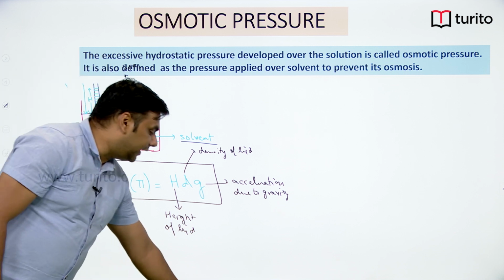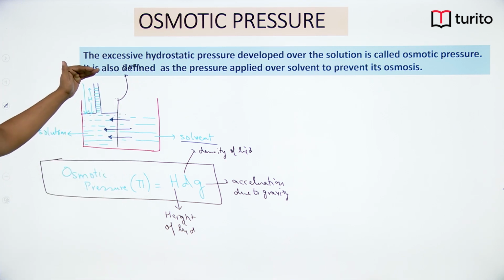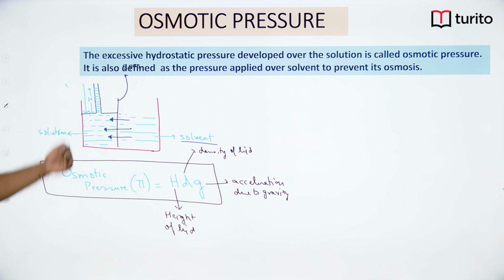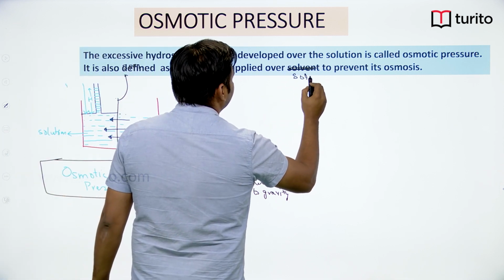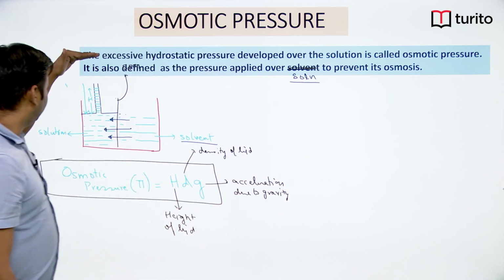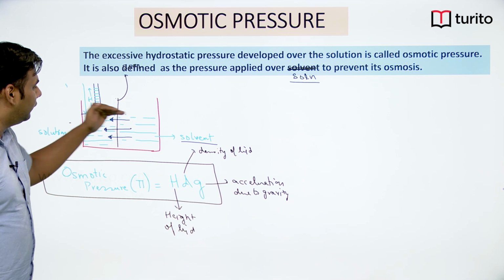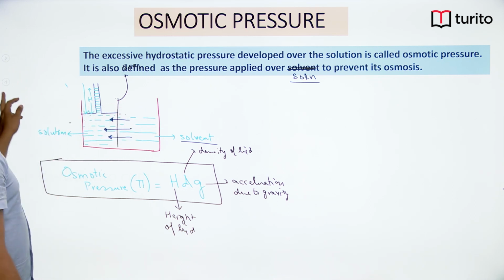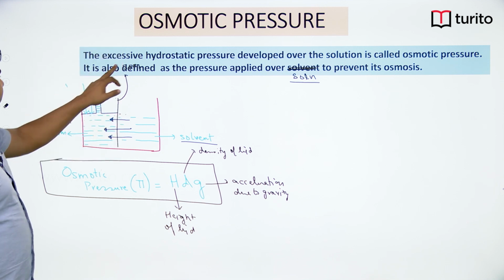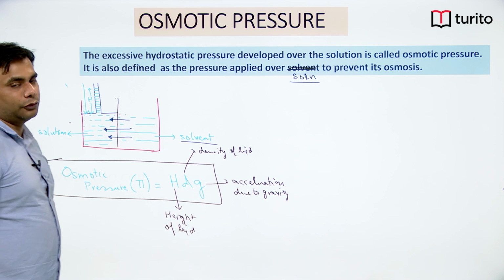It is also defined as the pressure applied over the solution. So if we apply this pressure, the solvent won't cross, so osmosis would stop. So it is also defined as the pressure applied over the solution so as to stop the osmosis.